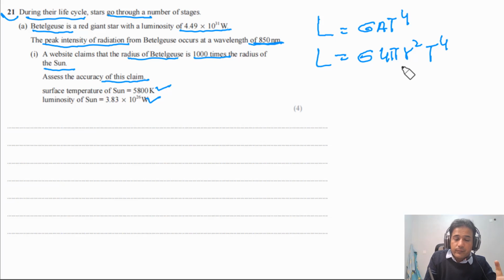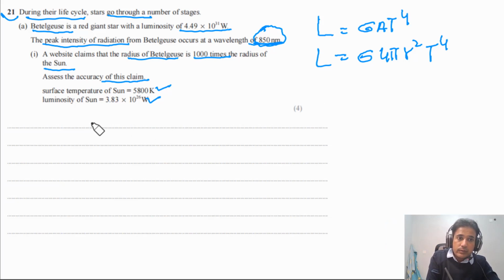Now for Betelgeuse, we don't have its radius and we don't have its temperature. So first of all, we need to calculate its temperature because we have the wavelength of peak intensity. So we can use Wien's displacement law.